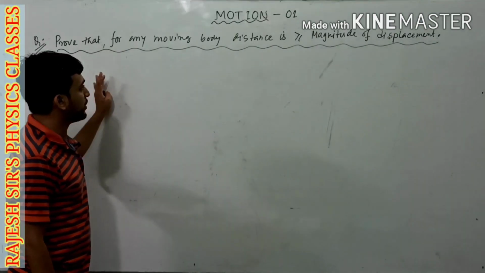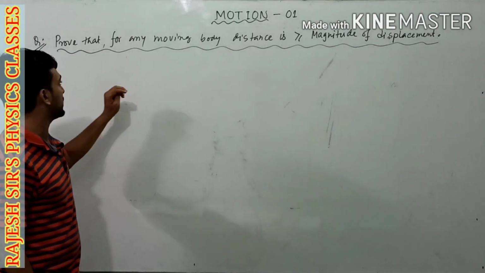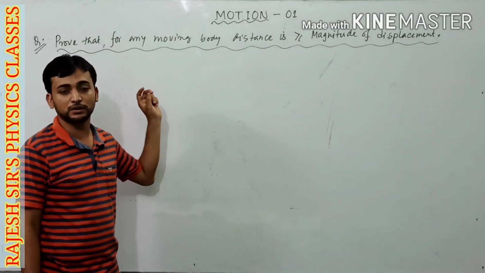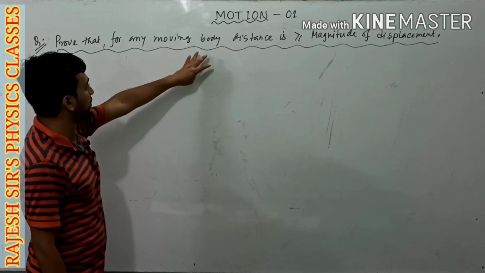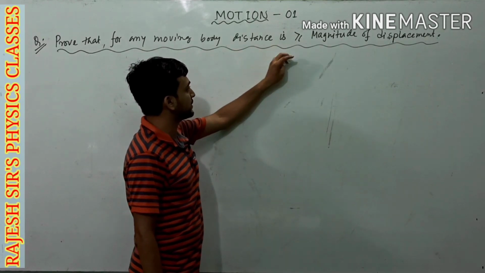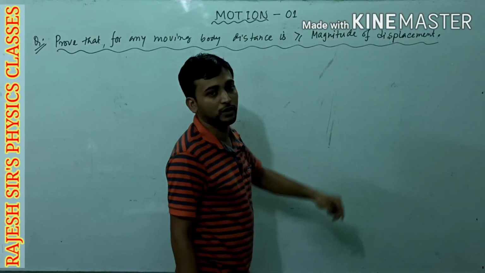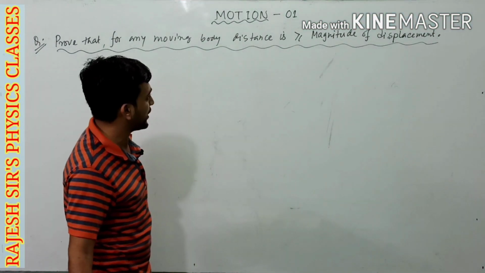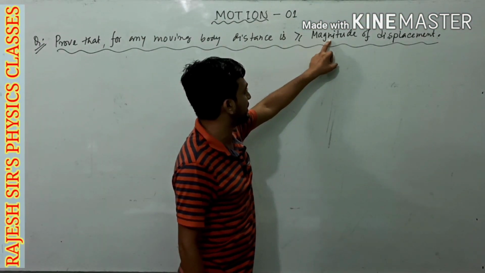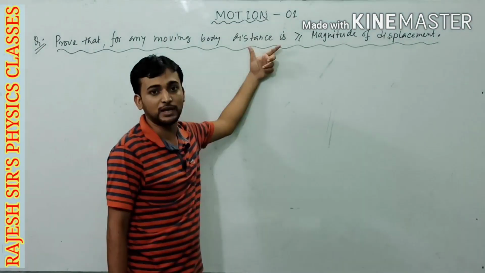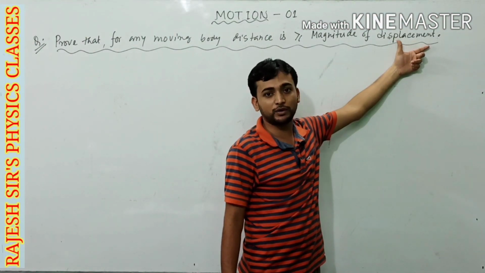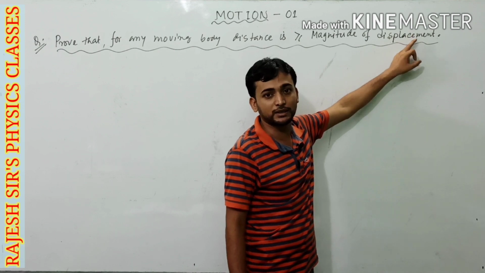We are going to explain one very important question that usually comes in the exam. Prove that for any moving body, distance is greater or equal to magnitude of displacement. Now you can ask me, sir, why have you written here magnitude of displacement? Because distance is a scalar quantity, displacement is a vector quantity, meaning it has both magnitude and direction.